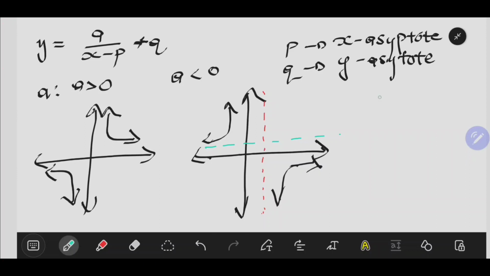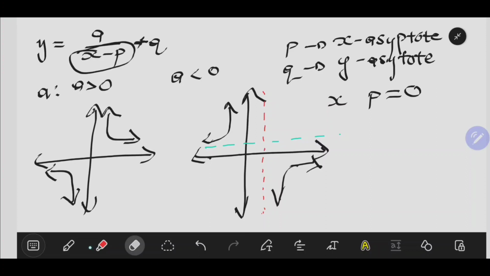So in order to find the exact value of p, you have to take whatever is in the denominator and equate it to 0, and then solve for x in order to find the x asymptote. So you're going to say x plus p is equals to 0.